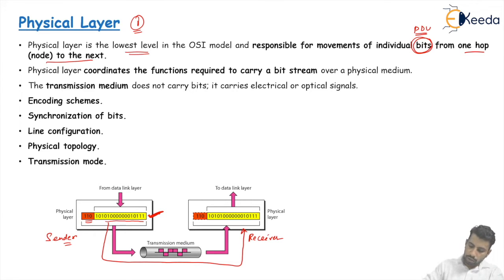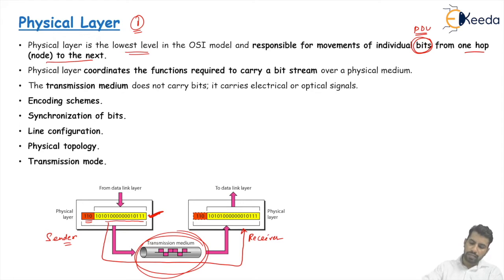These two nodes are connected through some type of transmission medium. That medium may be wireless or wired. Wired means a cable, and in wireless medium it is a type of signal, like satellite communication through radio waves or infrared waves.